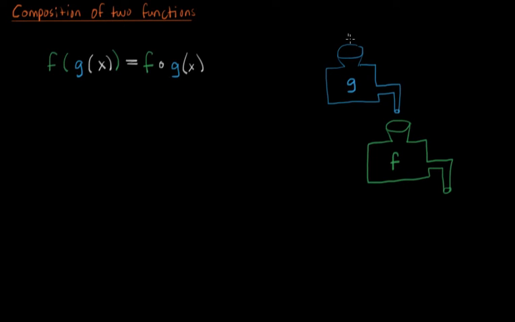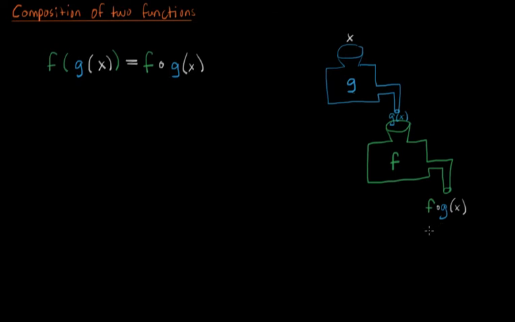So we're taking our x, we're putting it into the g function. Whatever comes out of this is going to be g of x. And that falls right into the f function. And whatever comes out of that is what we call f of g of x.